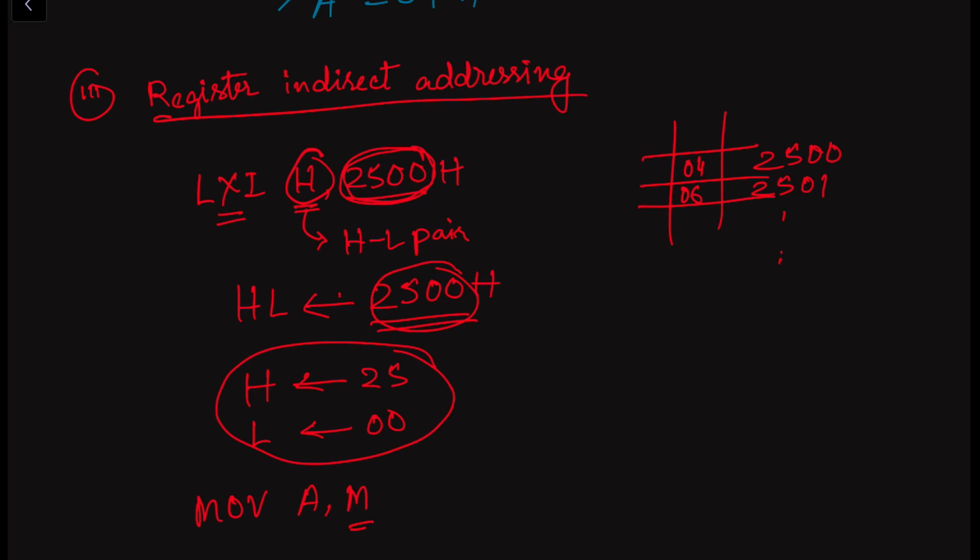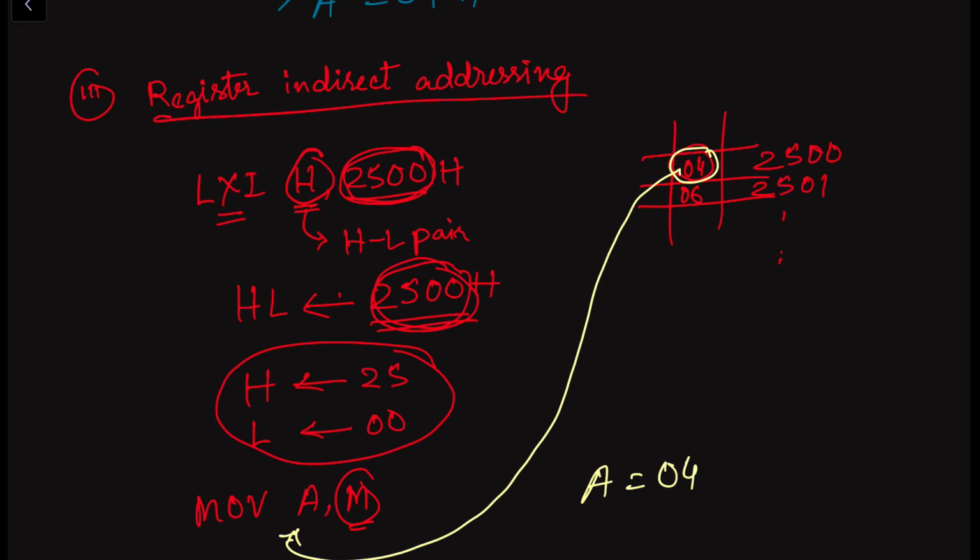After going through this instruction, we have to move the content of this memory location 2500, this 04 data, into the accumulator. So after going through this instruction, A will be equal to 04 in hex code.